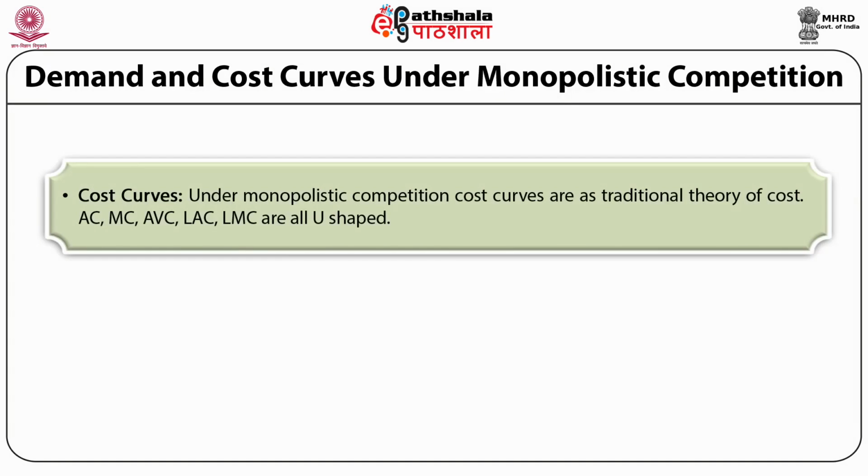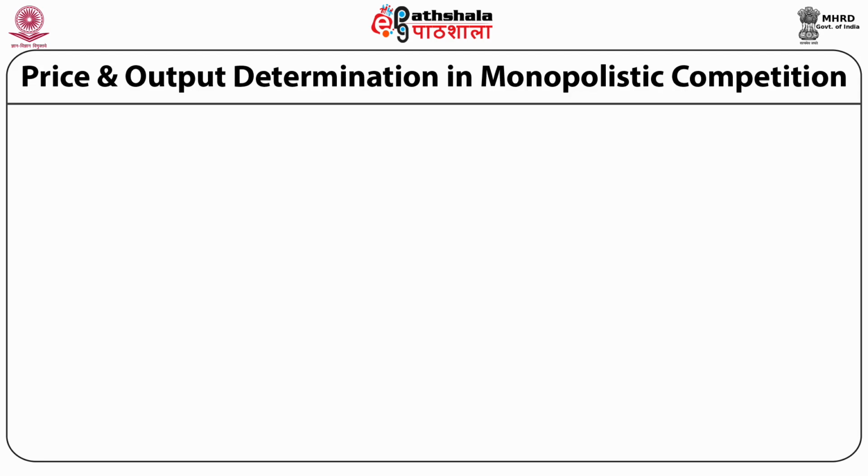Cost curves. Under monopolistic competition, cost curves are as in the traditional theory of cost: AC, MC, AVC, LAC, LMC, and all are U-shaped. Price and output determination in monopolistic competition, or equilibrium under monopolistic competition.